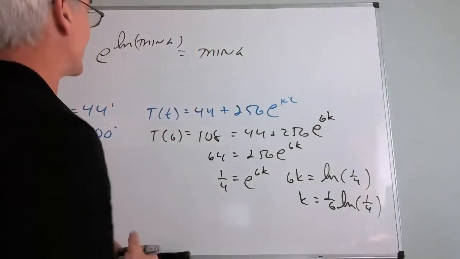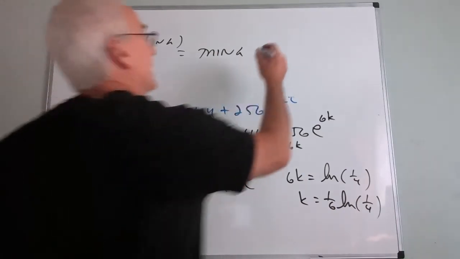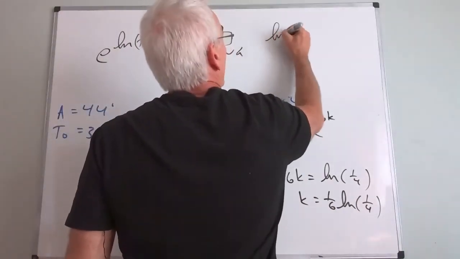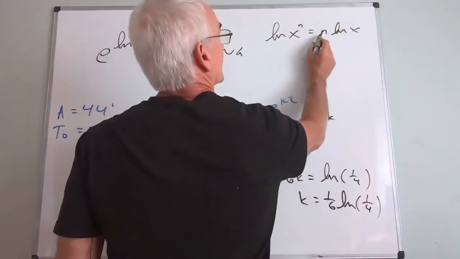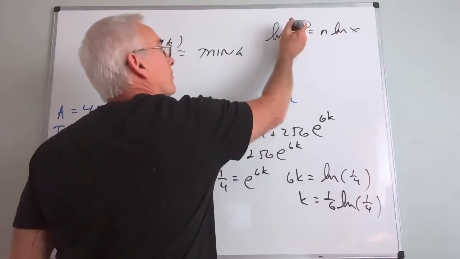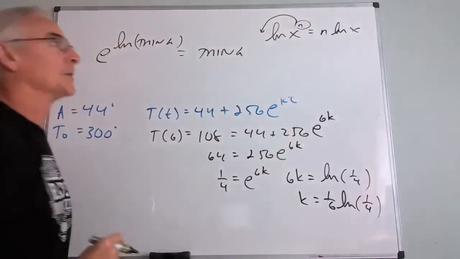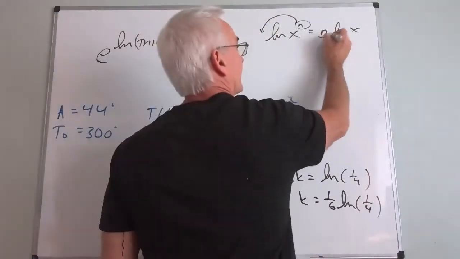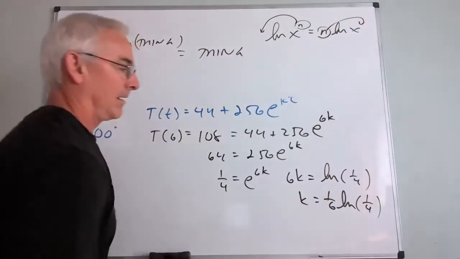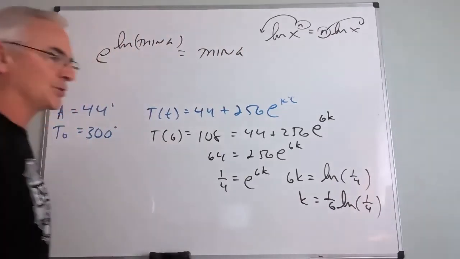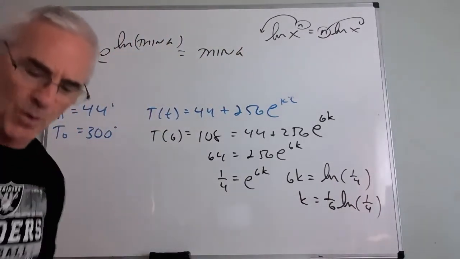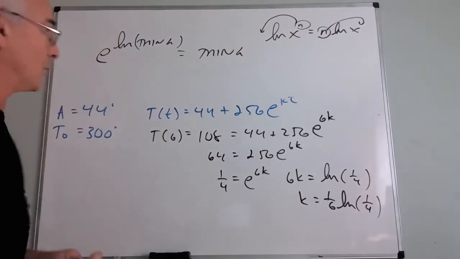There's a secondary rule that we sometimes forget: log of x to the n equals n log x. In other words, that coefficient comes down or can go back up. See that 1/6? I can bring that up here if I choose. I'm not going to choose to do it quite yet because there's a little bit more manipulation I want to do here.